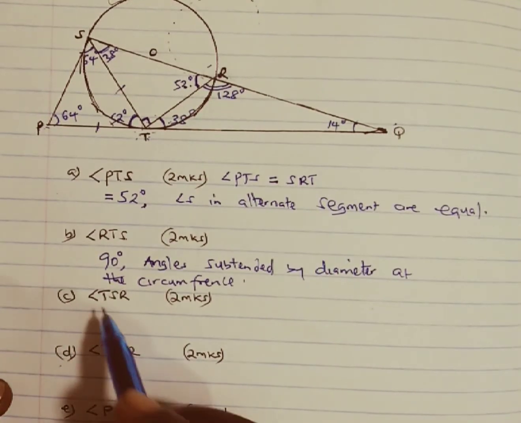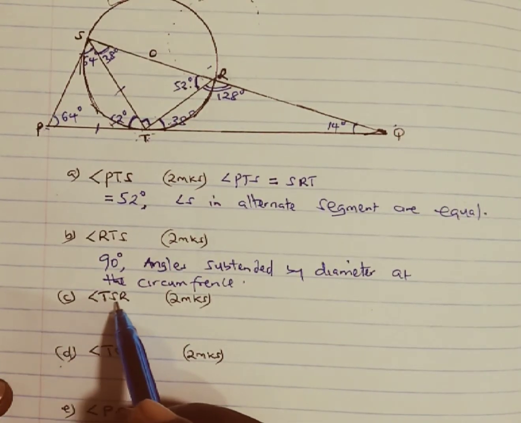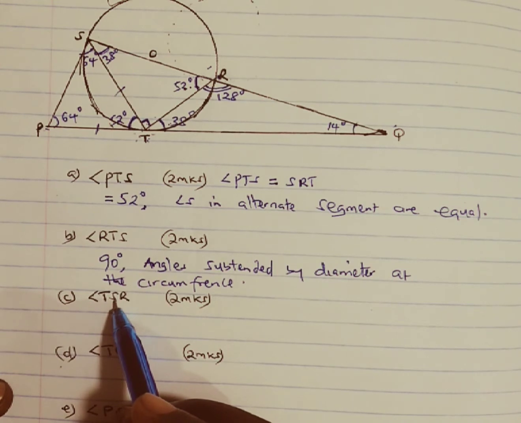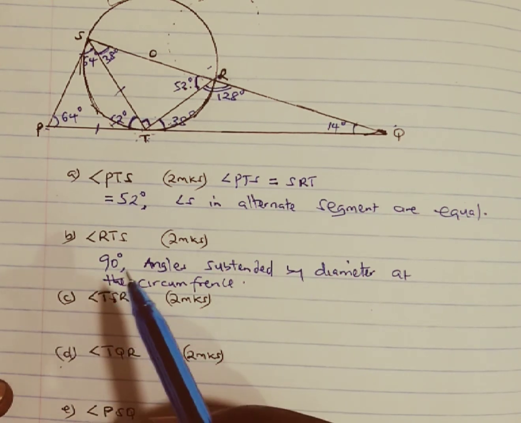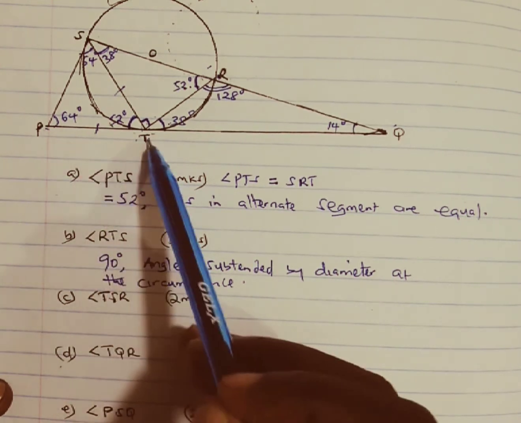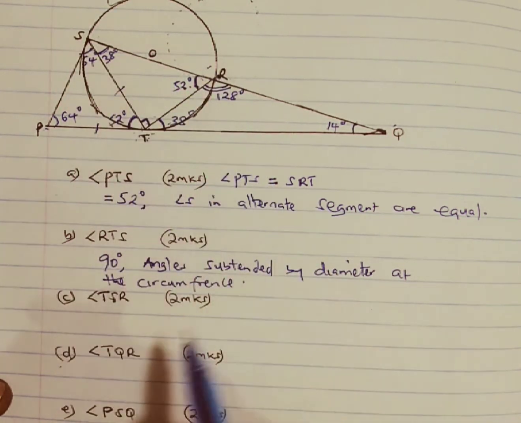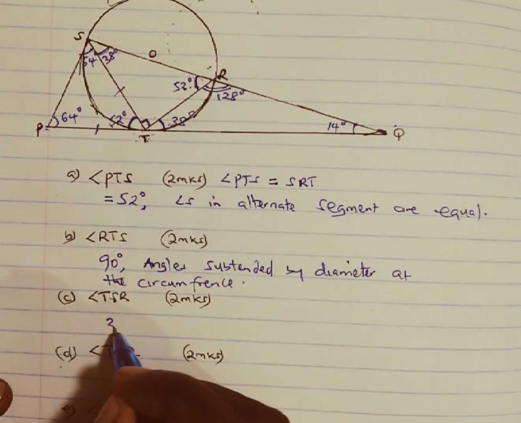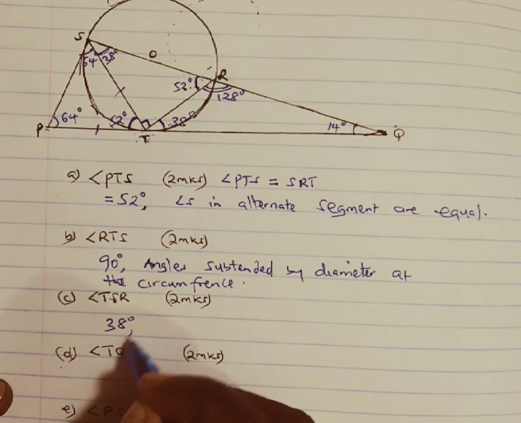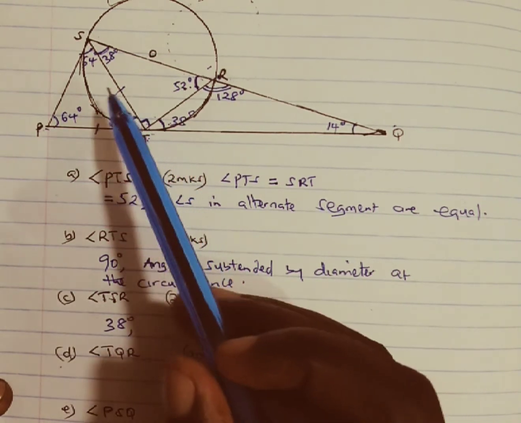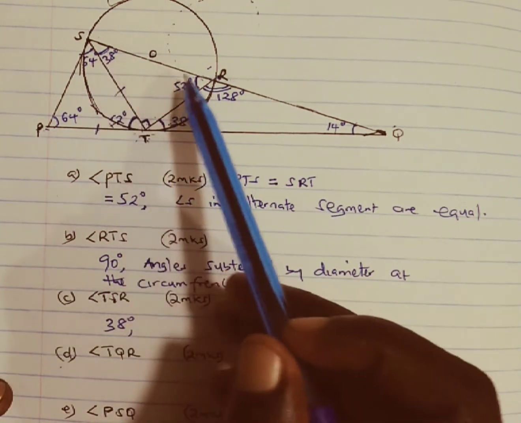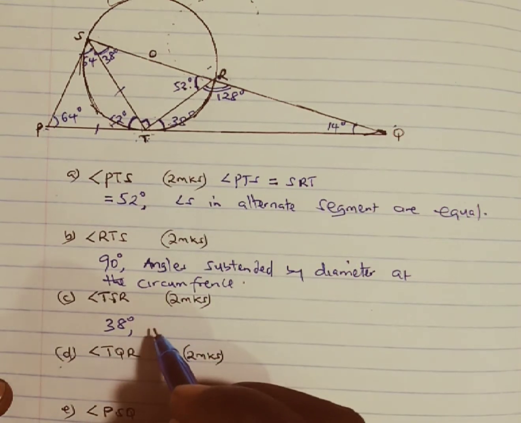The next thing we are supposed to calculate is angle TSR. So the angle in question is S. And TSR is 38 degrees. And the reason we can give is that the sum of angles of a triangle adds up to 180 degrees.